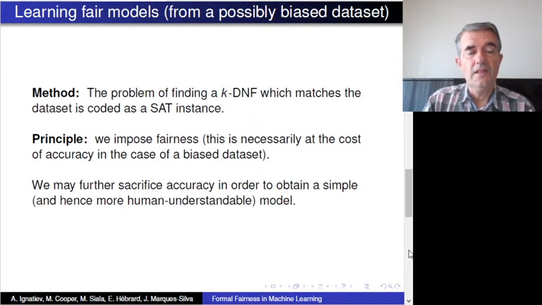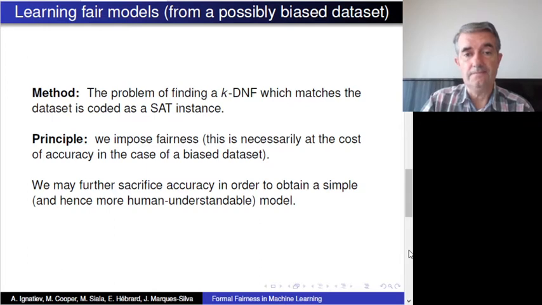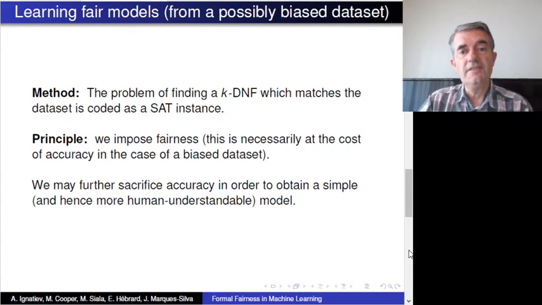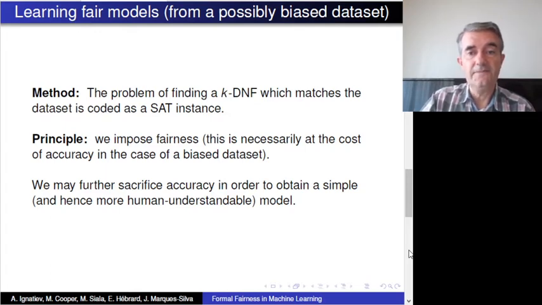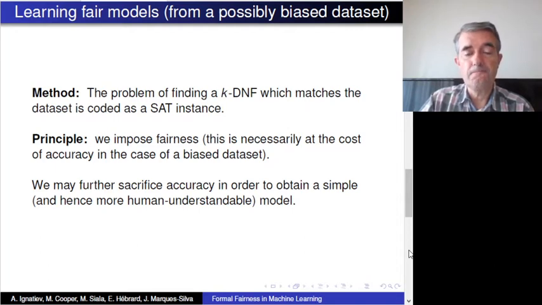So we're actually primarily interested in learning fair models from a possibly biased data set. So in our experimental trials, we used a SAT solver. So the model we're trying to learn is a KDNF, where K is some small constant, which matches as much as possible the data and is 100% fair.